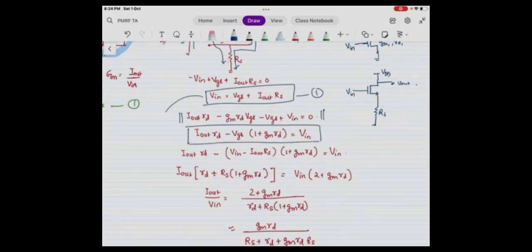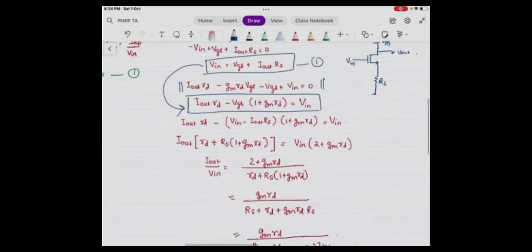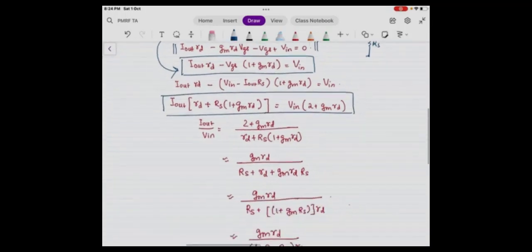Now I will substitute VGS from equation number 1, and I out by V in will look something like this. You have to remember your aim: you want to find I out by V in, so every other variable you have to substitute. We arrived at (2 plus GMRD) by RD plus RS (1 plus GMRD).